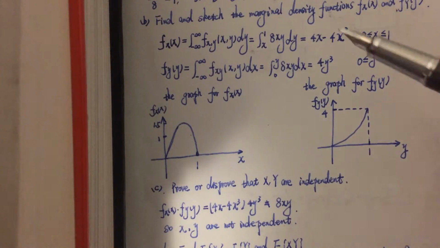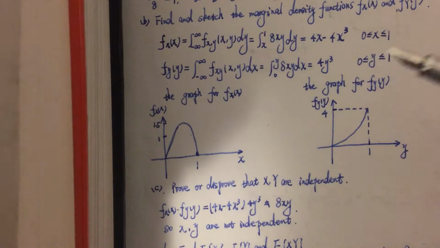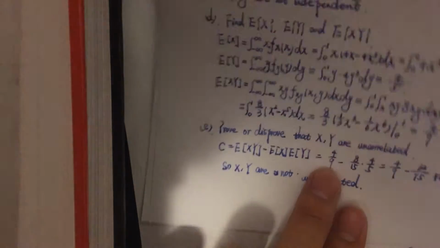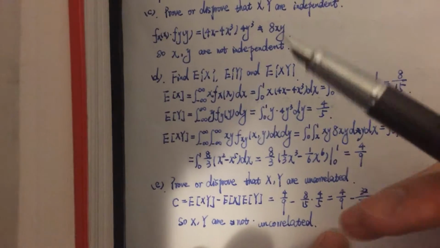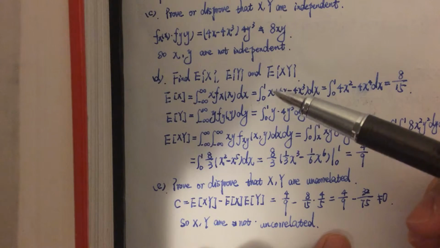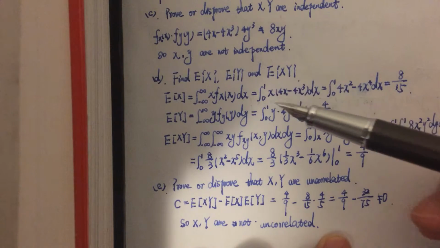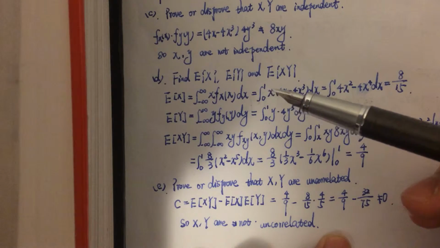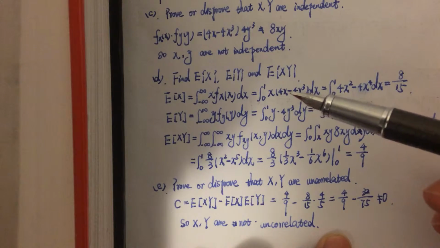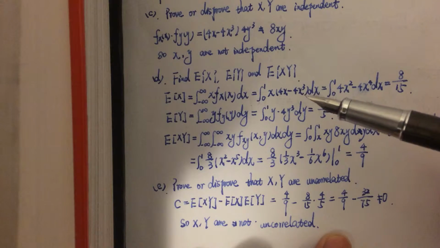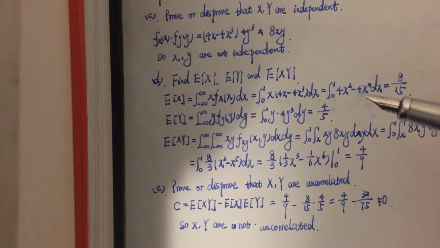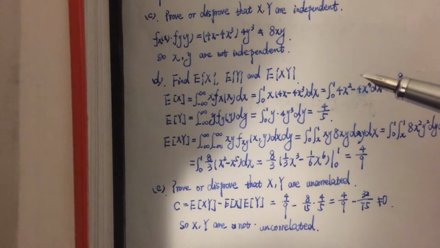Since fX is in this region, the limit of the integration is from 0 to 1, and this is x times 4x minus 4x cubed.